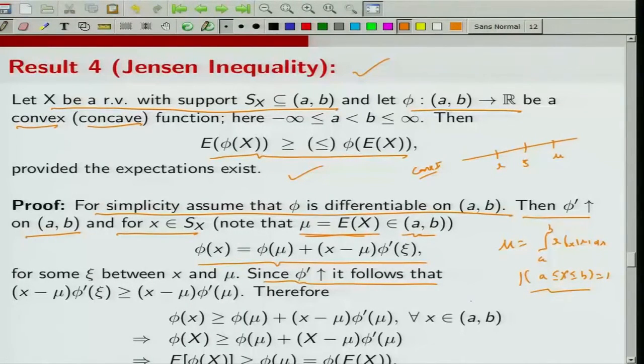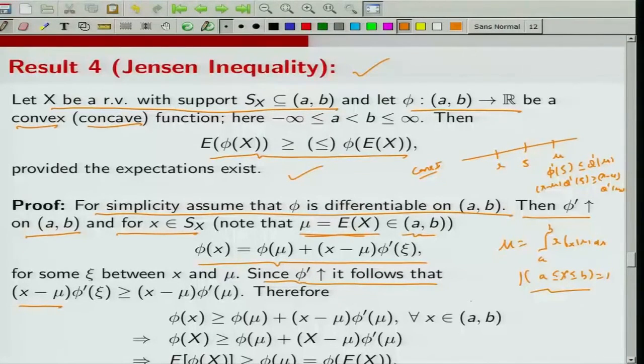In this case, since phi prime is increasing, phi prime(xi) would be less than or equal to phi prime(mu). But in this case, x minus mu is a negative quantity. So if I multiply by x minus mu on both sides, the inequality gets changed. So (x minus mu) phi prime(xi) is greater than or equal to (x minus mu) phi prime(mu).